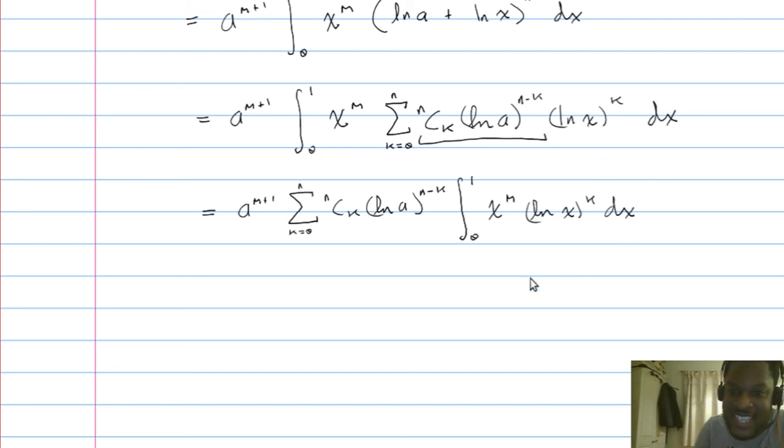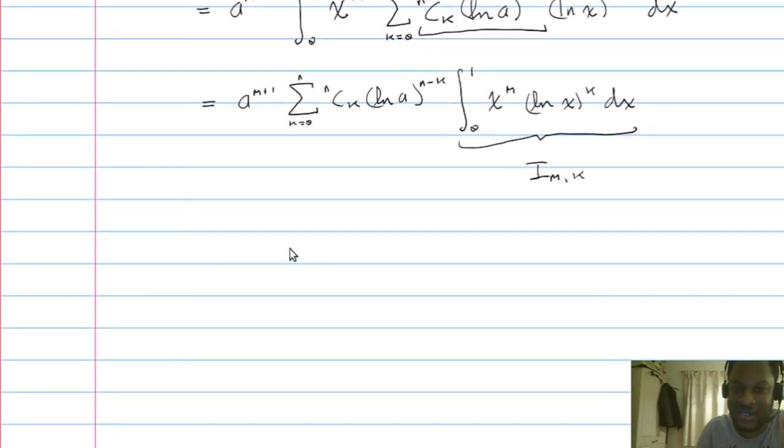But we've seen this before. This is the integral from 0 to 1 of x to the m log x to the k. This is just our initial integral, I, but instead of m n, we write m k, right? So this is our integral I m k, okay?